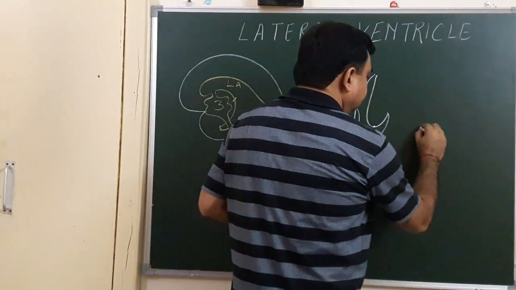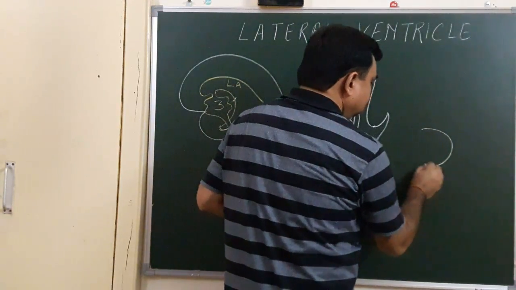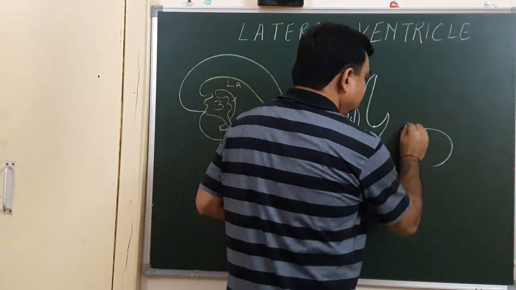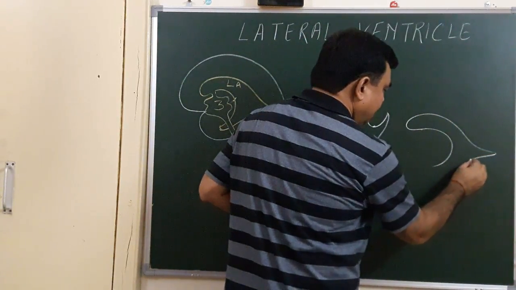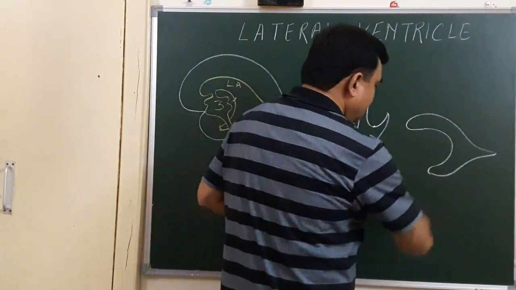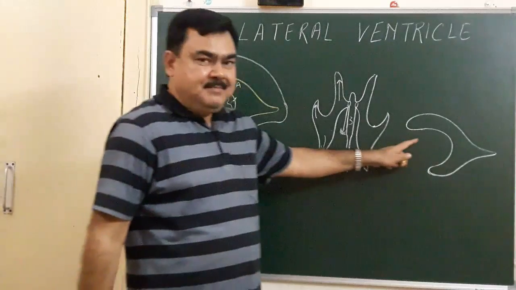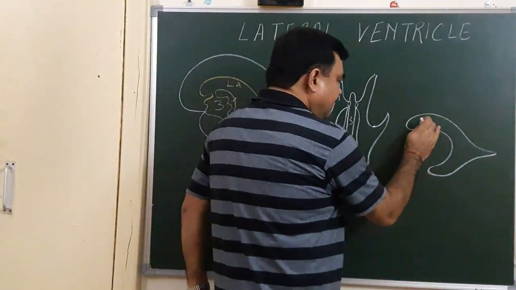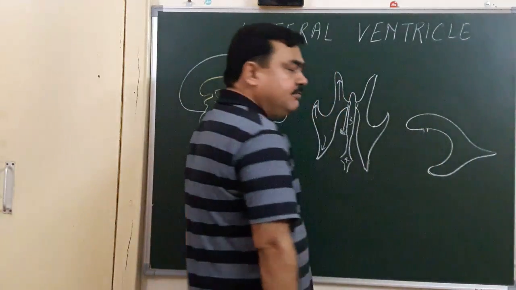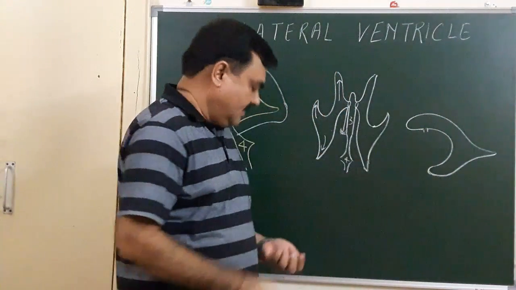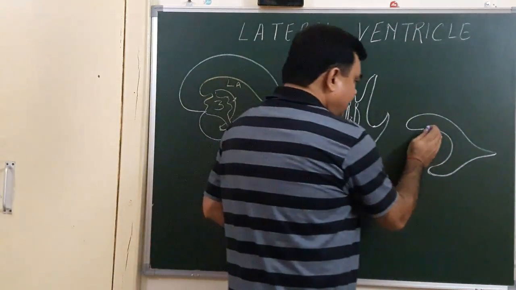Here is the lateral ventricle. This is C-shaped. Here is the position of the interventricular foramen of Monro, and one structure related to this here in the floor.